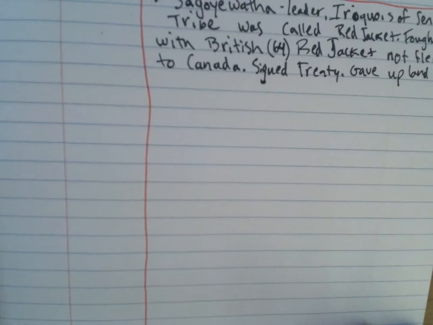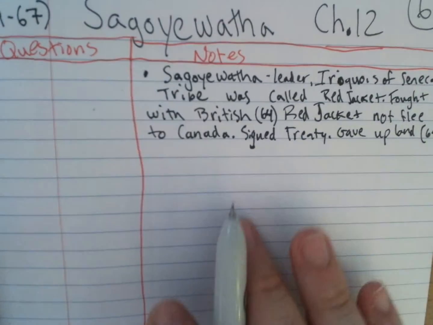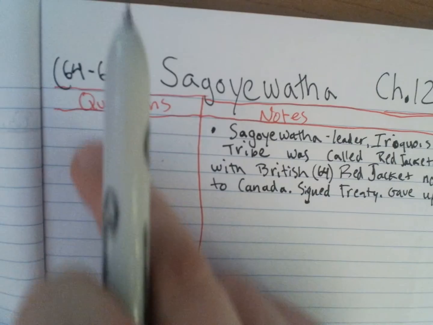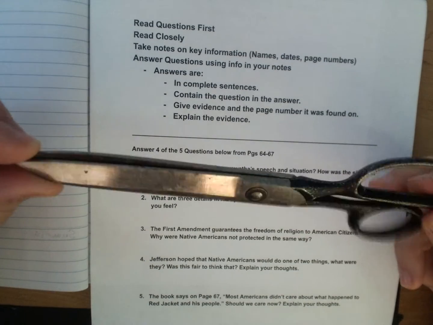so the last thing we want to make sure that we do together before I leave you to work, we've got these notes. You'll finish the reading, doing your notes, then you'll move on to writing questions, finally summary. We need to make sure that we put our questions page on the correct page. So what I'm going to do right now, and you should do if you're in my class, and you might even do if you're listening at home, is get out a handy dandy pair of scissors.